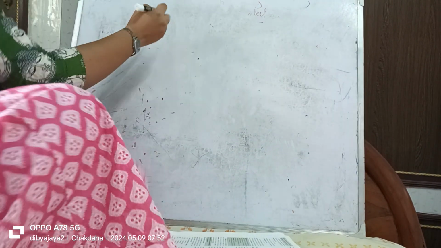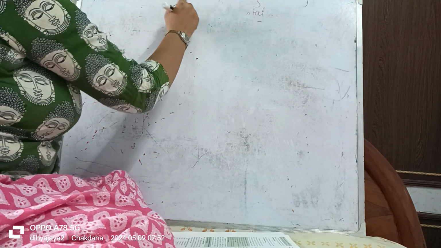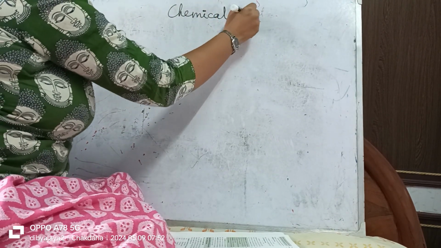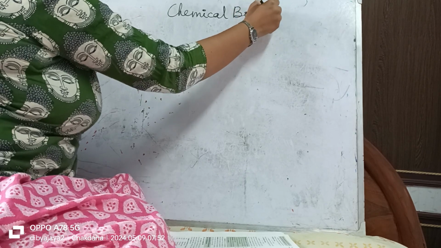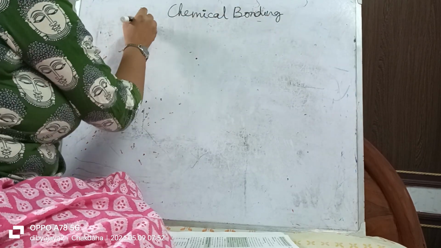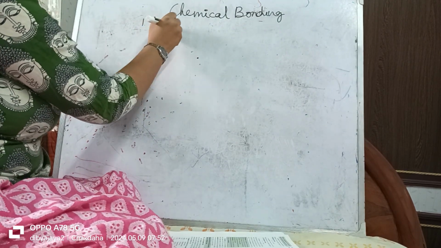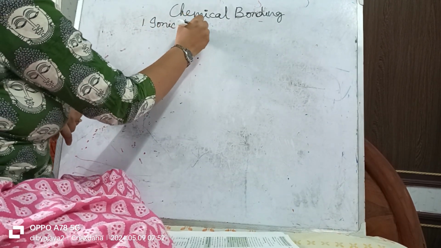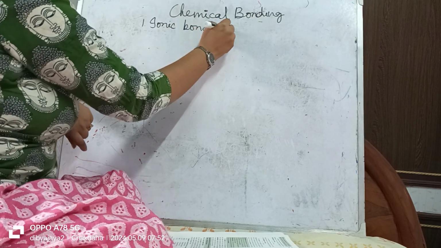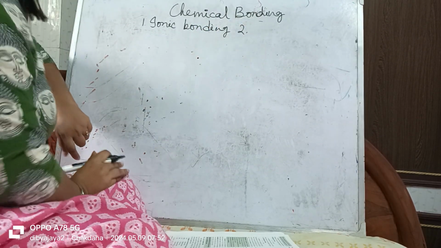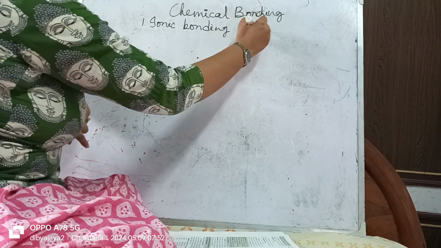Okay, so today we will discuss chemical bonding. Already I have told you chemical bonding is of two types. First one, ionic bonding, and the second one, covalent bonding.